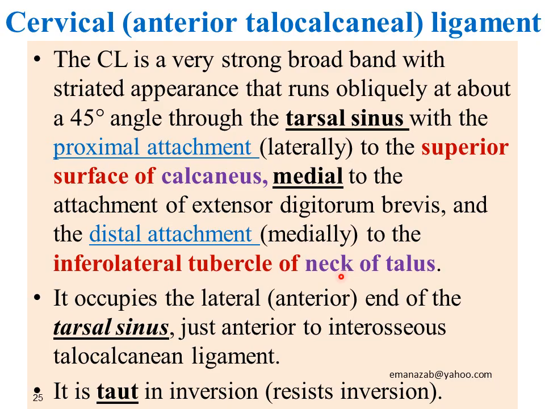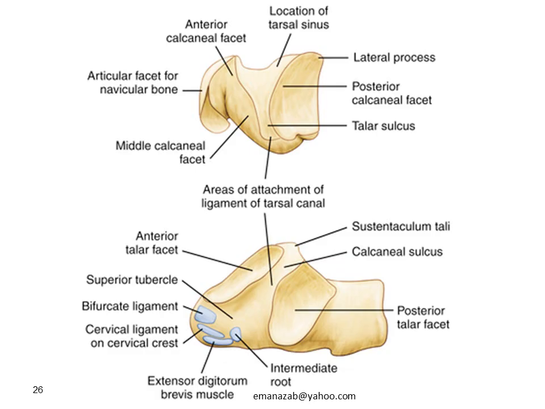So this ligament attaches from the superior surface of the calcaneus, medial to the attachment of the inferior extensor retinaculum, to the neck of the talus, infrolateral tubercle. It occupies the lateral or anterior end of the tarsal sinus, just anterior to the interosseous talocalcaneal ligament. It is taut in inversion, so it resists inversion.